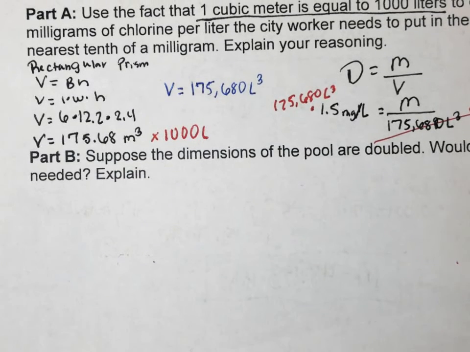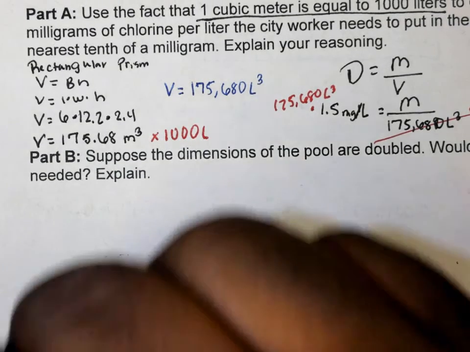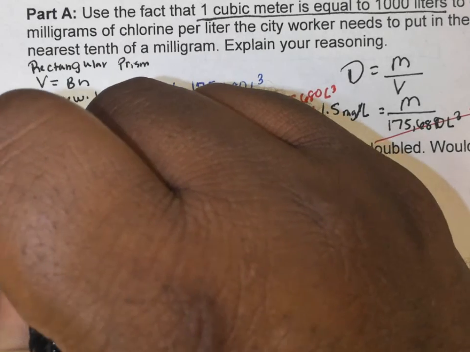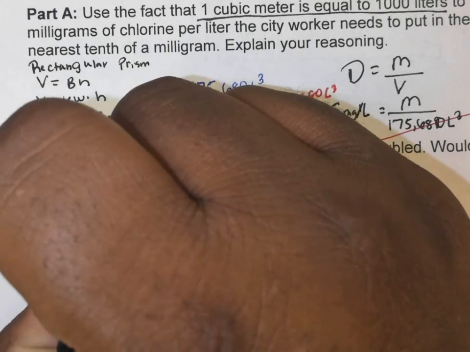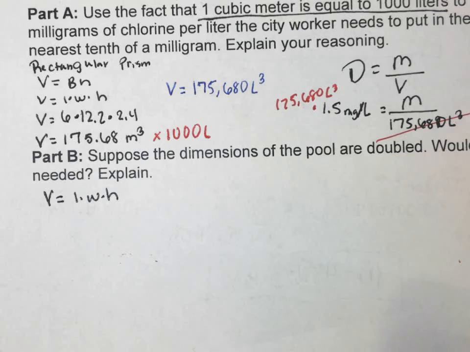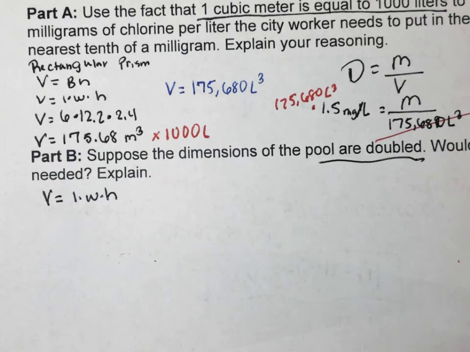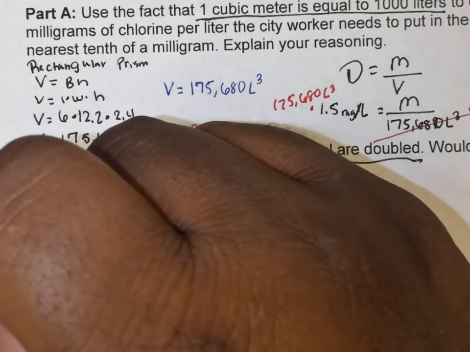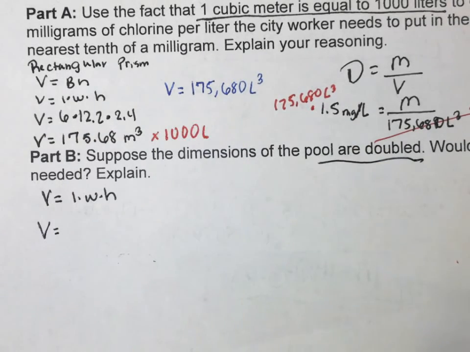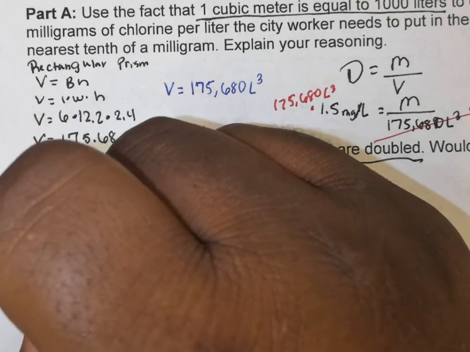So we've got to figure this out. On this one, the volume formula is still the same, length times width times height. It's just that they want us to double the dimensions. My original first dimension was 6, so what am I changing that to? 12.